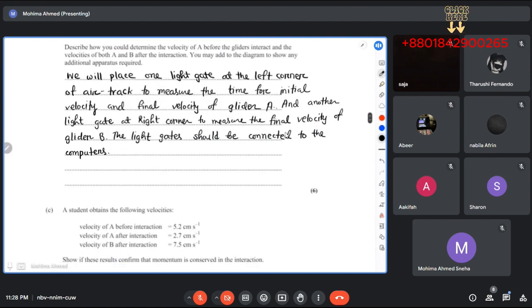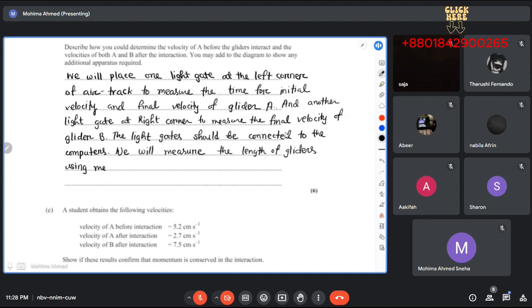Computers, and again after this, we're going to write that we will measure the length of gliders using meter ruler.